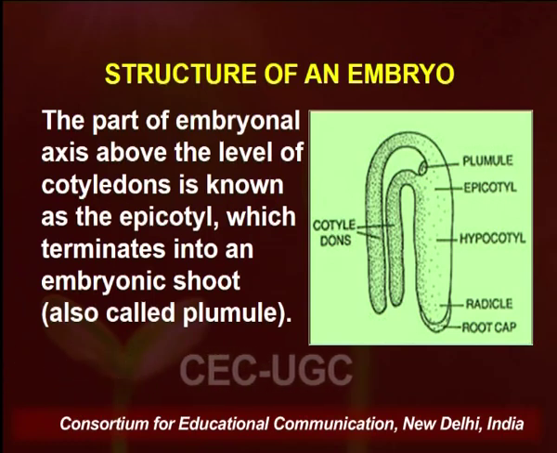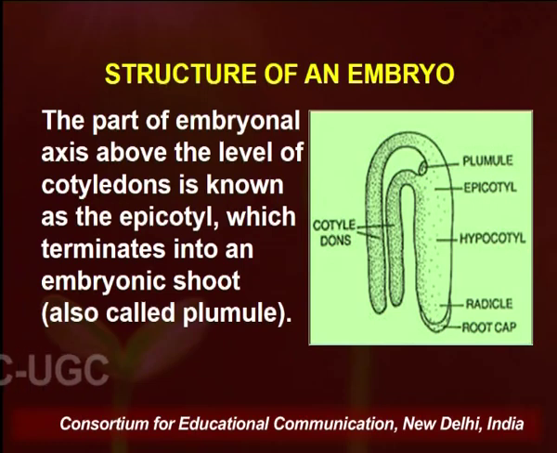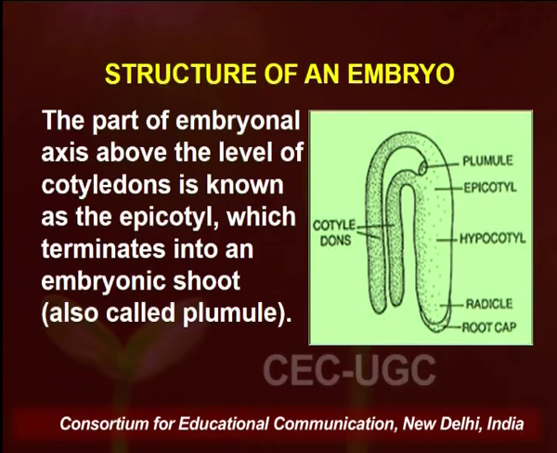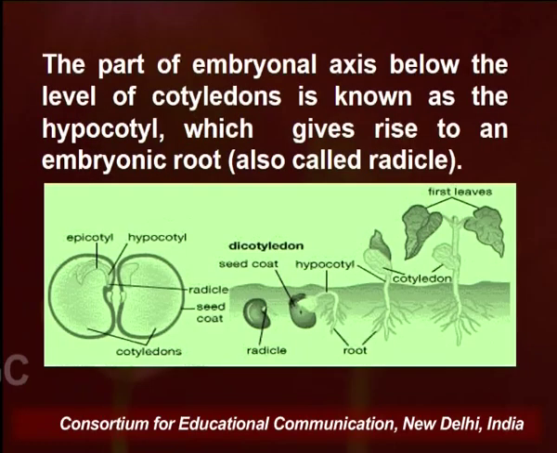The part of the embryonal axis above the level of cotyledons is known as the epicotyl. This epicotyl terminates into an embryonic shoot, which we also refer to as the plumule. The part of the embryonal axis which is below the level of cotyledons is known as the hypocotyl, and this hypocotyl gives rise to the embryonic root, which we call the radicle as well.